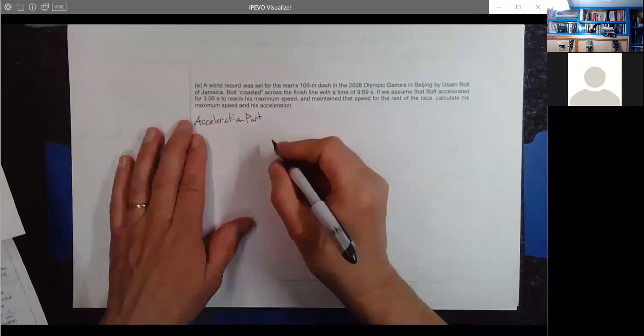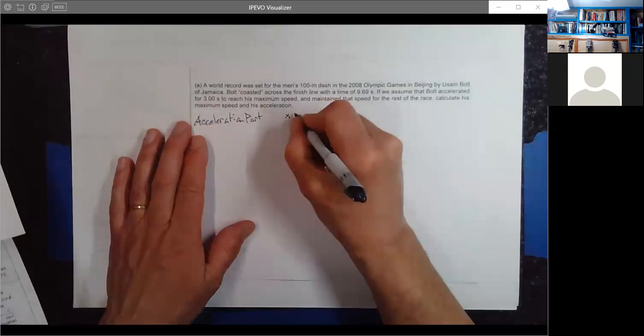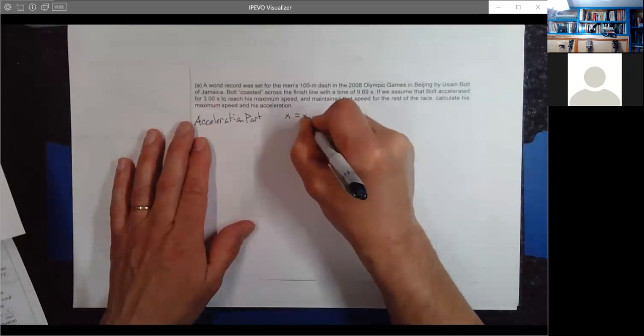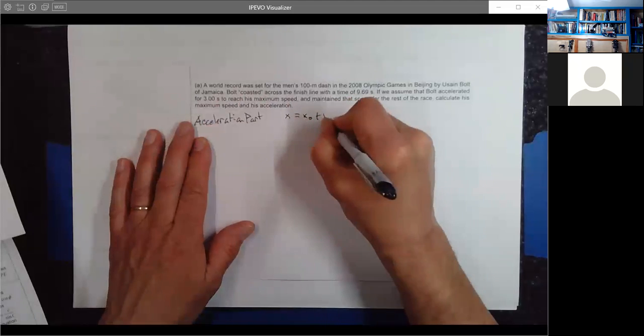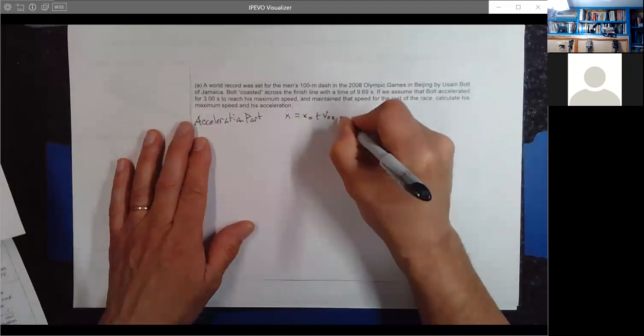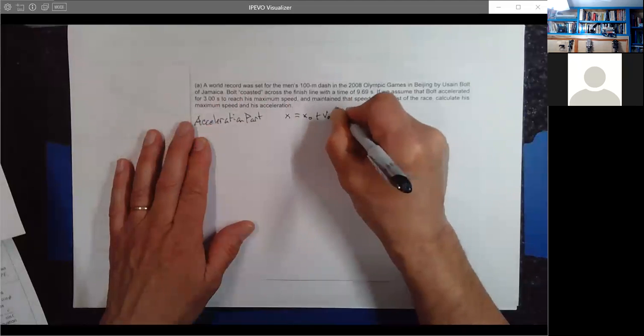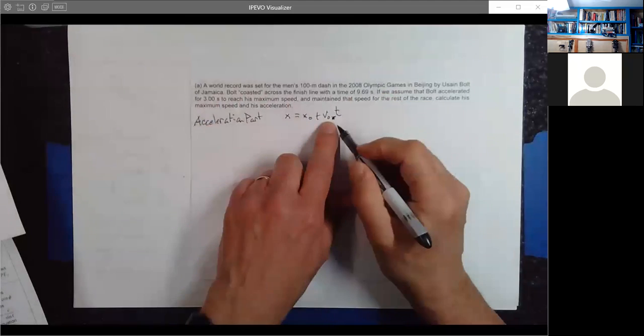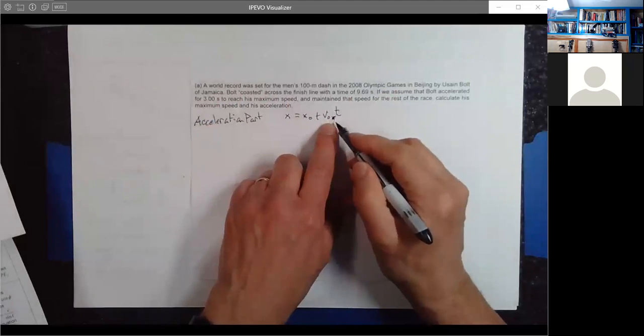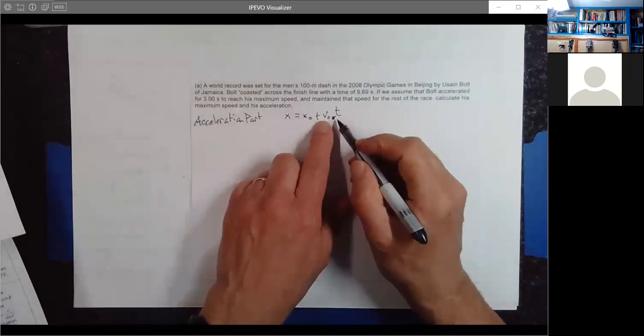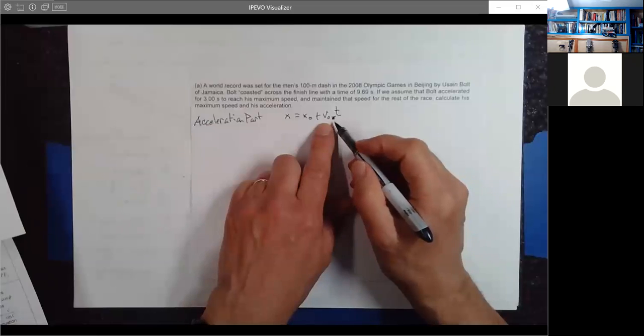The acceleration part, an equation that would describe his motion, is x naught plus v naught, or v naught x. I'll just use that. Sometimes we'll put an additional subscript on this, v naught x, to let us know it's velocity in the x direction.